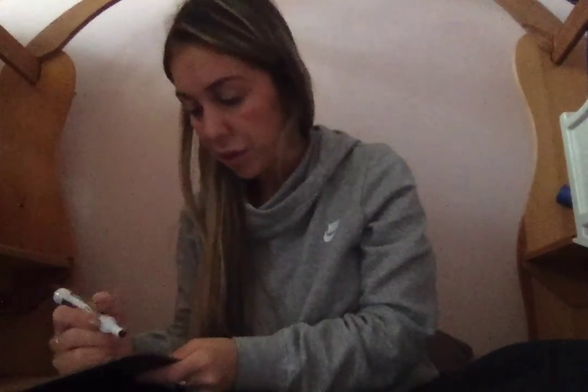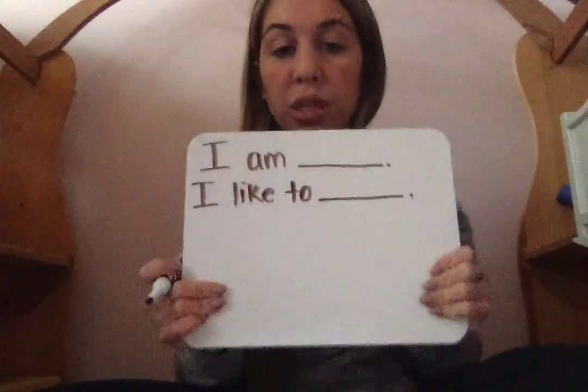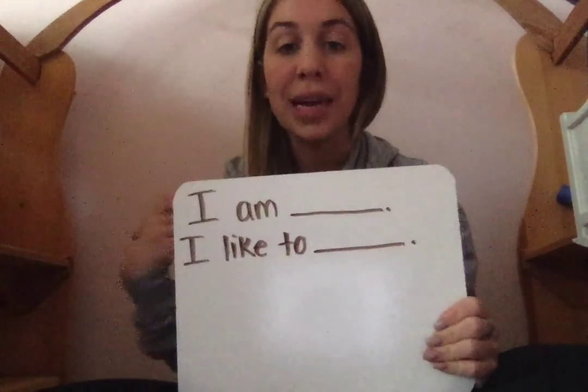So this is what it's supposed to look like. I am blank. I like to blank. This is what the students will have to copy, but I will show them an example from me.